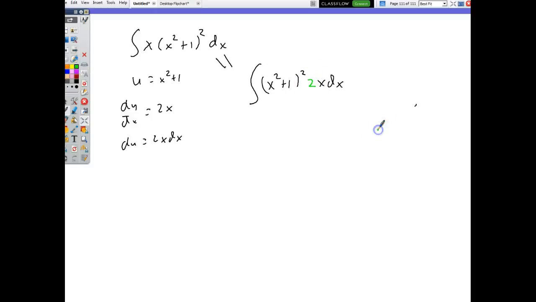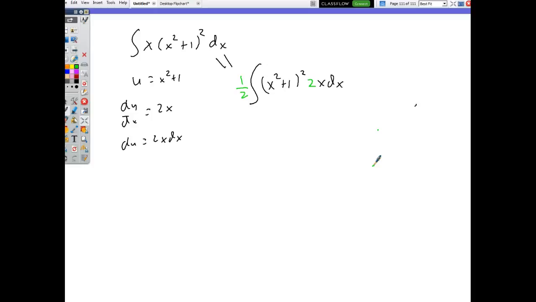Now I've violated every mathematical thing in the history of mankind, so I have to fix that problem. What times 2 is going to give me 1 and make it go away? A half. So I'm going to multiply the outside by a half.